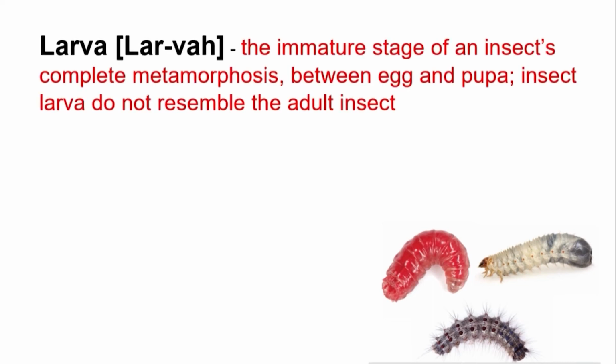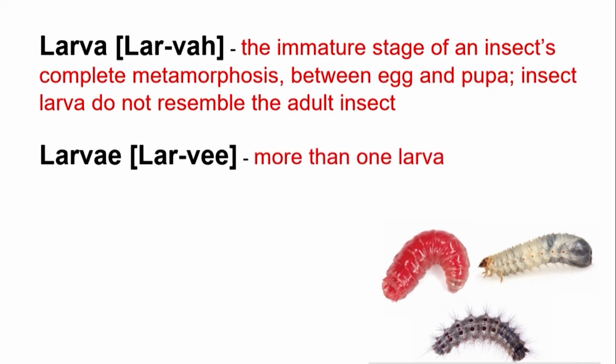We also heard the word larva. Larva is the immature stage of an insect's complete metamorphosis between egg and pupa. Insect larvae do not resemble the adult insect. Larvae means more than one larva.